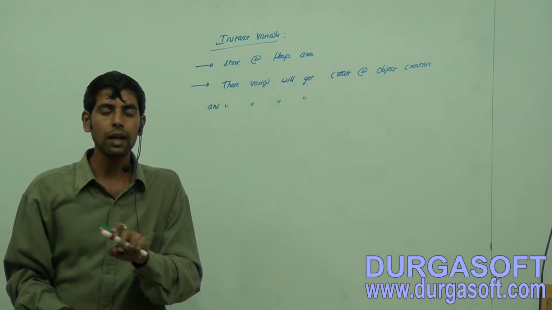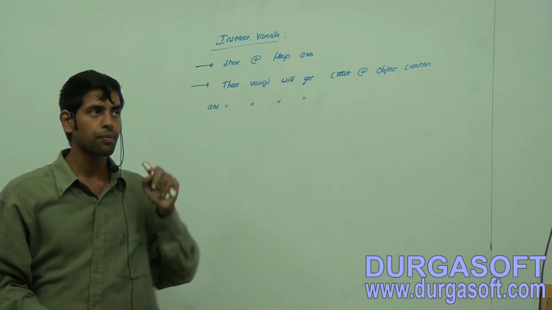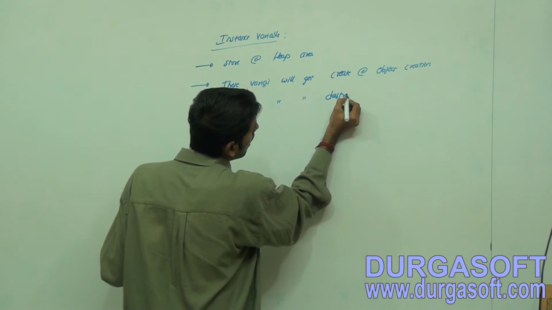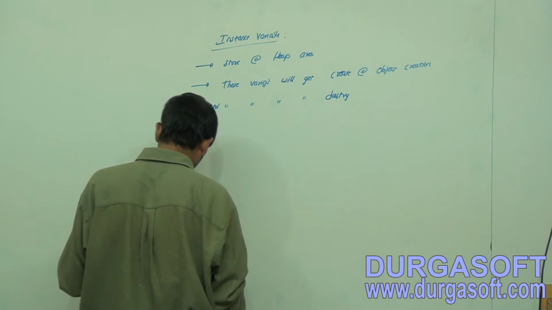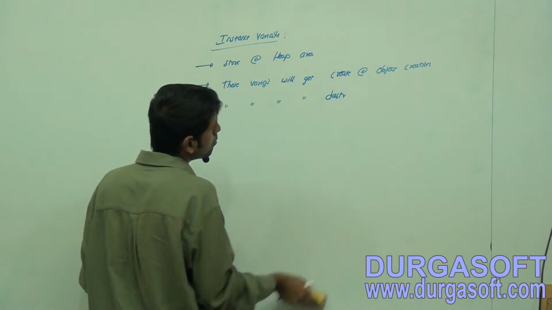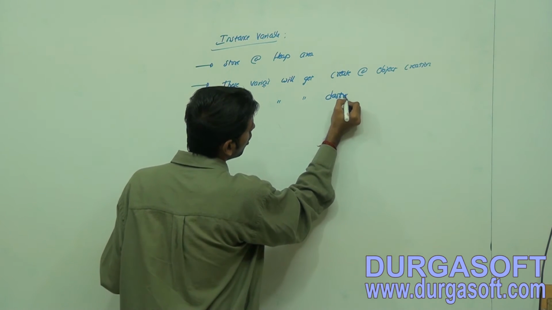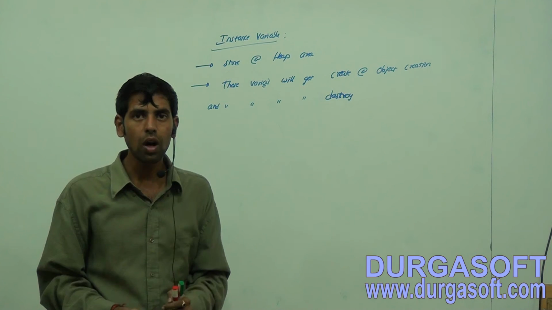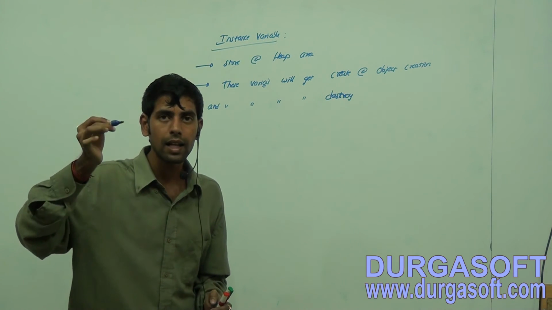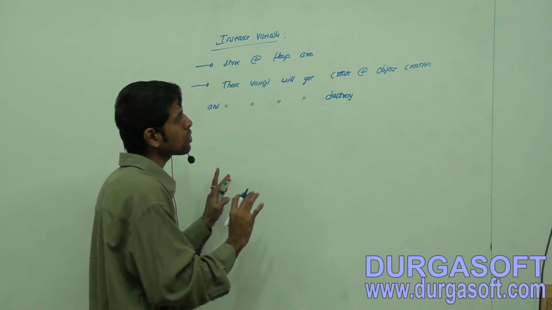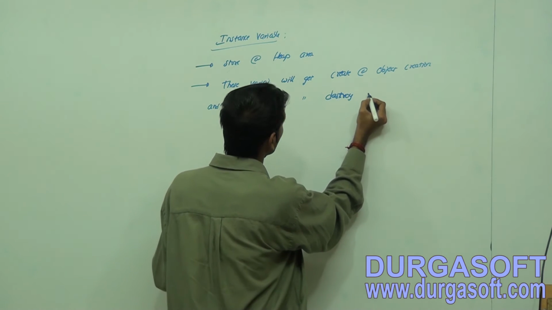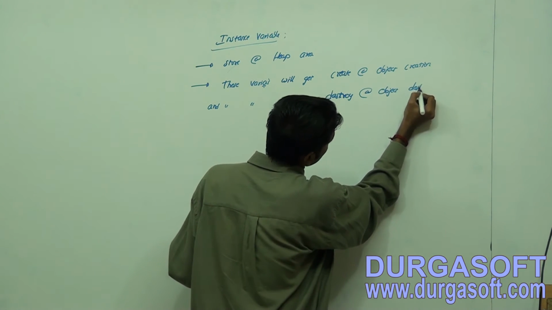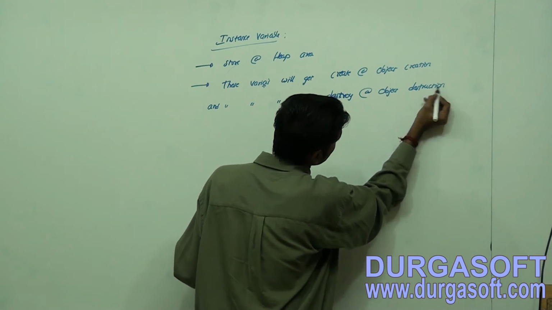And these variables will get destroyed, meaning when they vanish from the memory. When will these variables get destroyed? At object destruction, or the object destroying period. That is, if an object is eligible for the finalization process, it will get destroyed at object destruction.